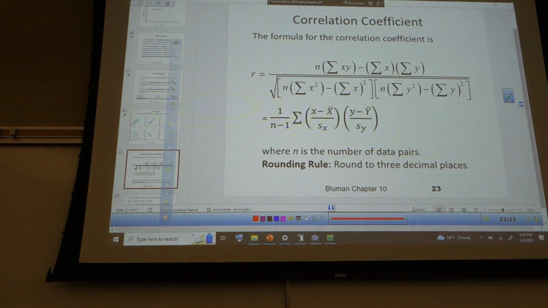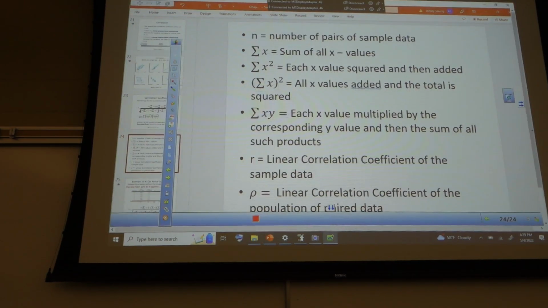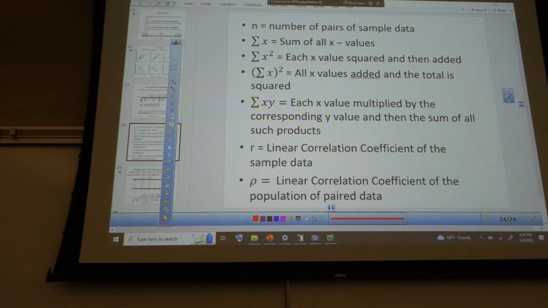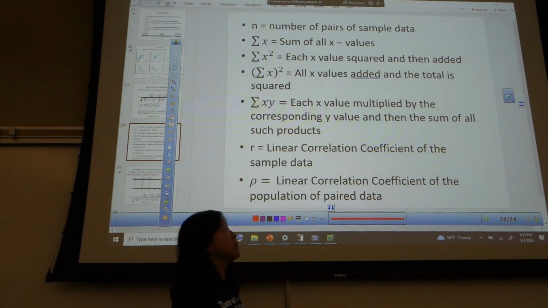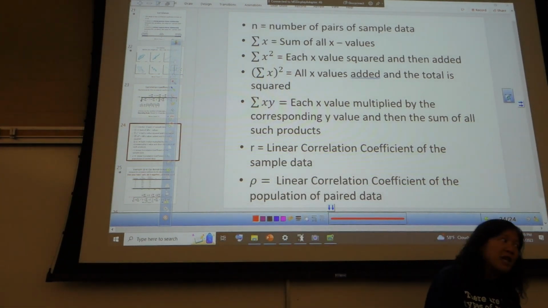So let's take a look. First of all, let's see what all these pieces are. n is the number of pairs you have. The sum of x's is when you just add up all the x's. The sum of the x's squared is when you square all your x's first and then you add them.